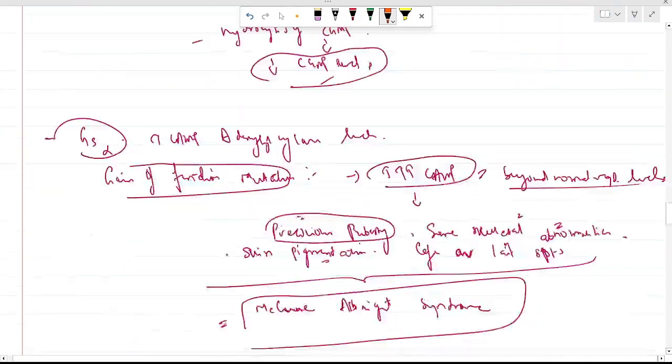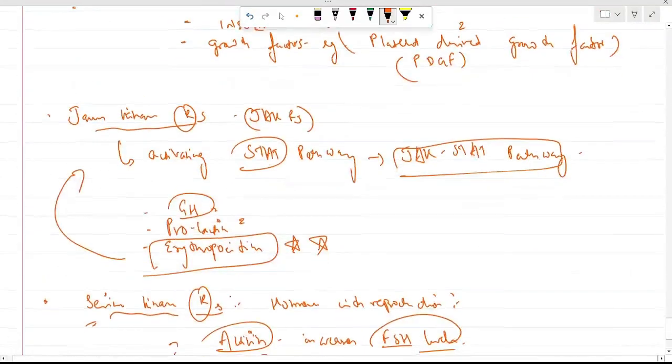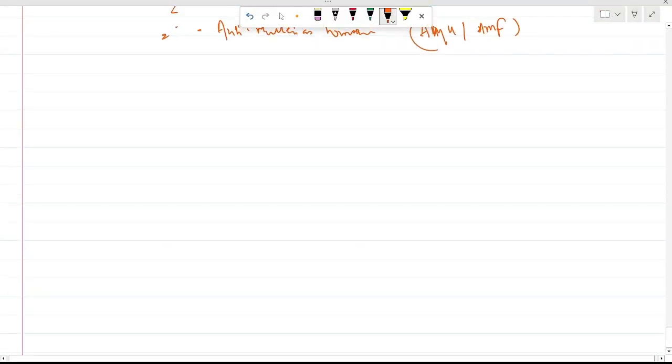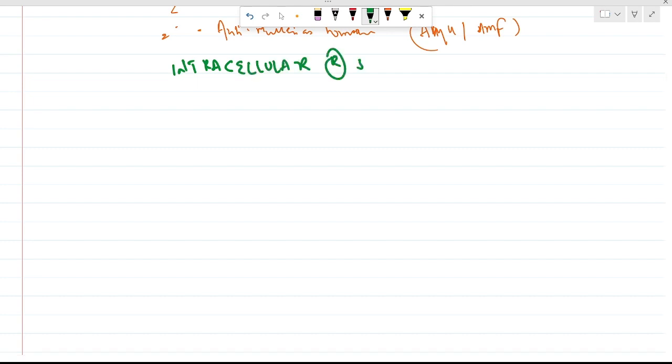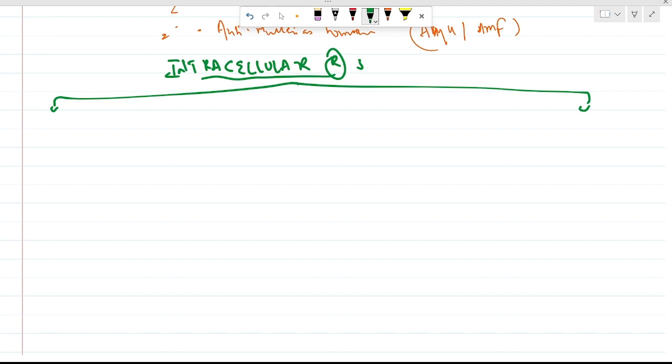Now we've seen all the extracellular receptors. Now we are going to see the intracellular receptors. As we discussed from the starting, these are of two types: either present in the cytoplasm, the cytoplasmic receptors, or present in the nucleus, the nuclear receptors.